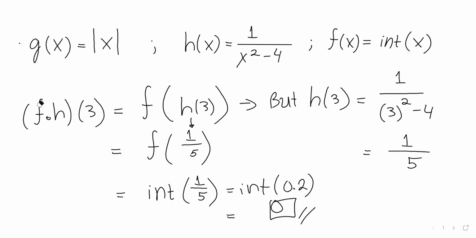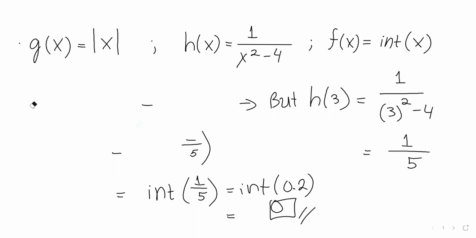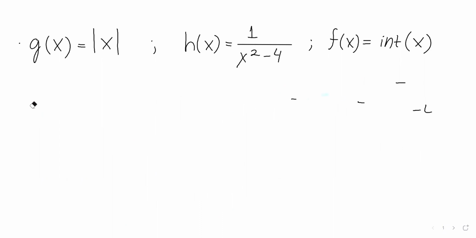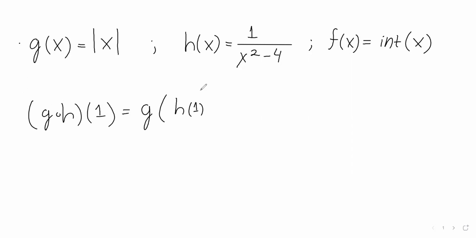Let's do one more. I want to keep the original equations on the board still. So suppose you'd like to find g of h of 1. I'm so afraid of spiders.